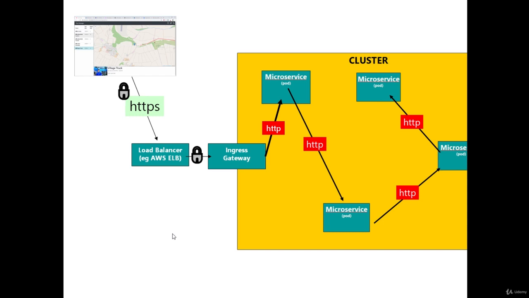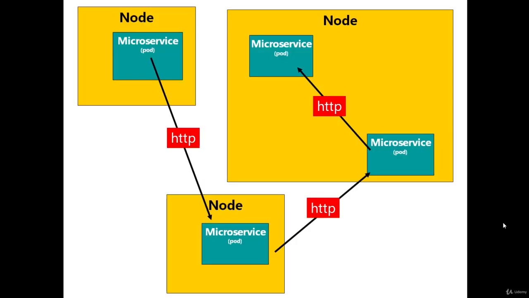I was deliberately trying to misdirect you there, because of course most professional Kubernetes deployments are going to be multi-node deployments. So I hope this redrawing of the picture tells the story. If we're going to have a multi-node Kubernetes deployment, then of course those microservices are very likely going to be on different nodes.